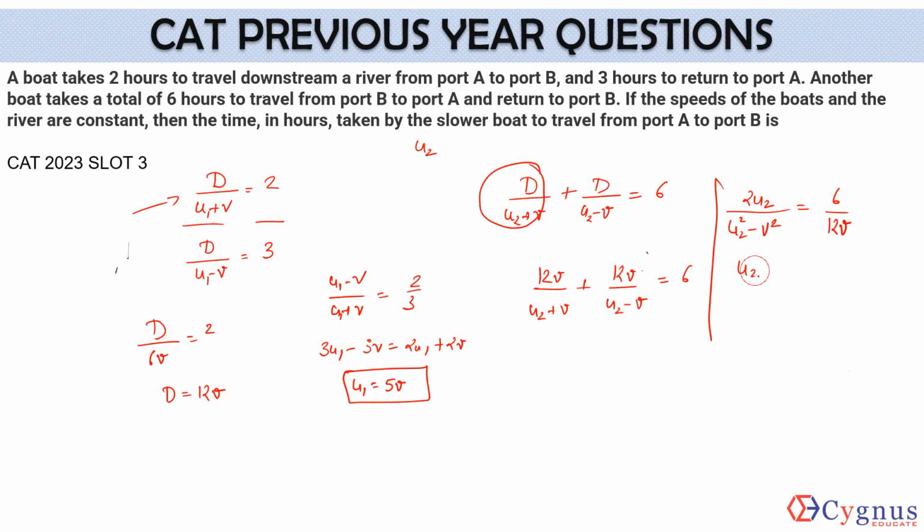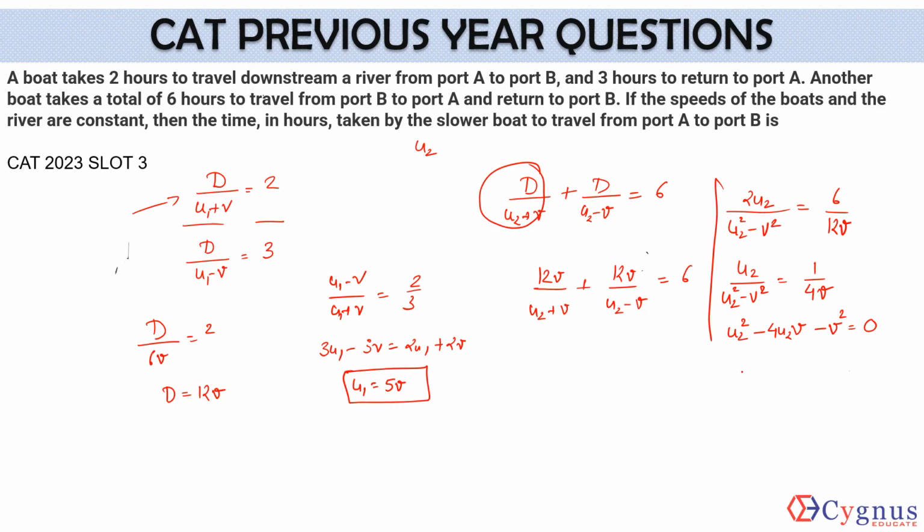So effectively you'll be left with U2 by U2 square minus V square is equal to 1 by 4V. Yes or no? After simplification, what do you get? U2 square minus 4U2V minus V square is equal to 0. This is the equation we get from here.